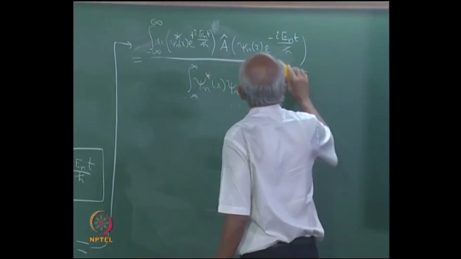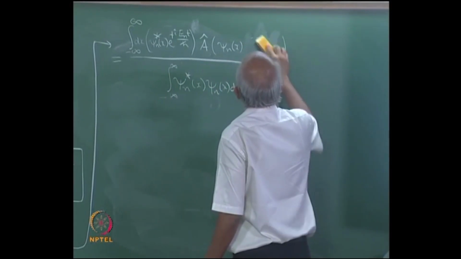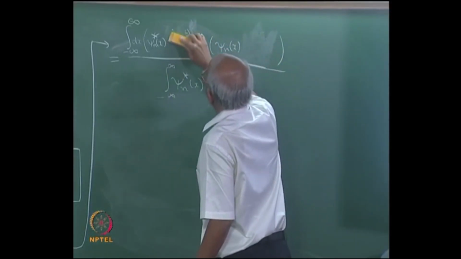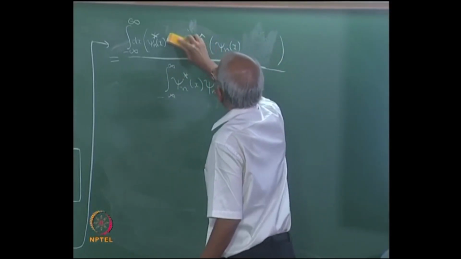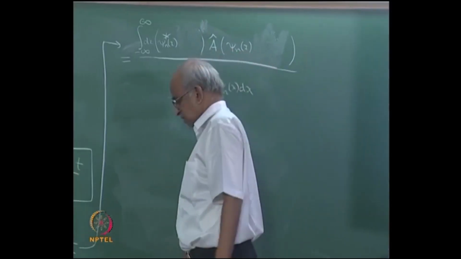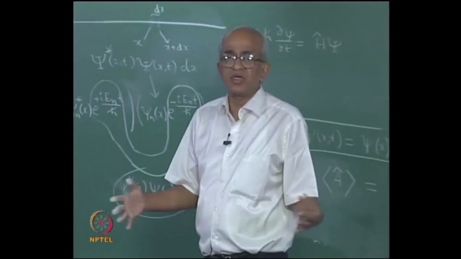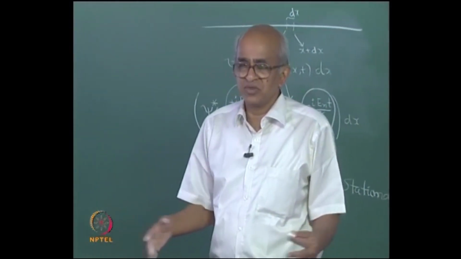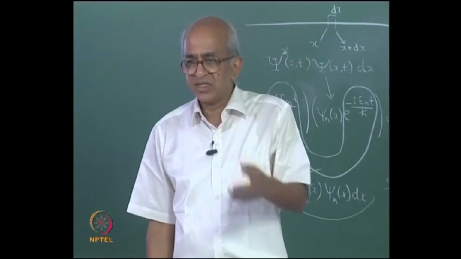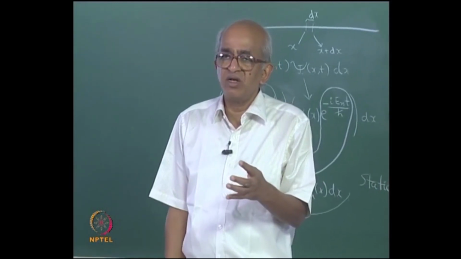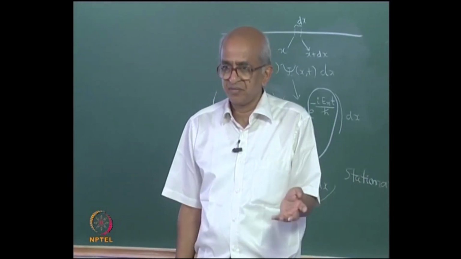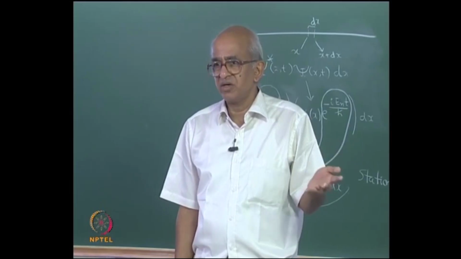So, I can safely remove this term as well as that term, and you look at the result. You find that the result has no time anywhere, it is independent of time. So, therefore, for a stationary state, the expectation value of any operator is independent of time.